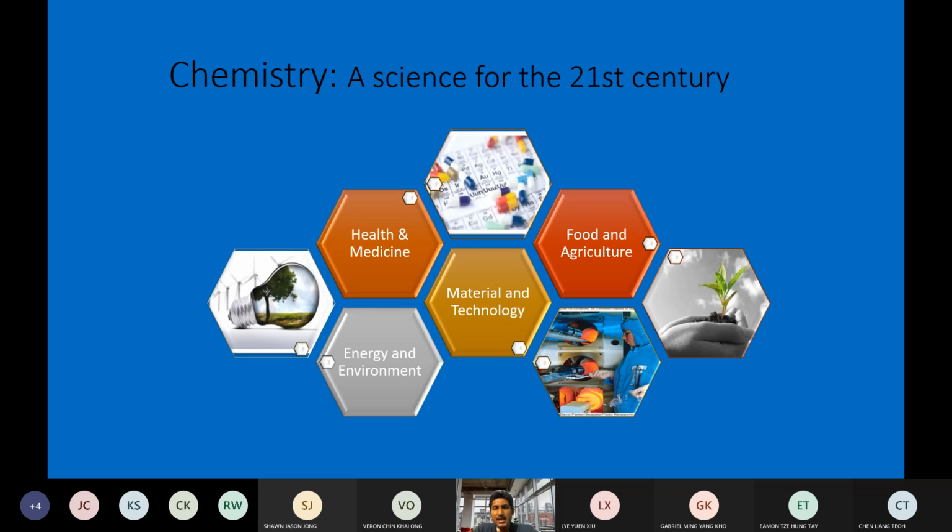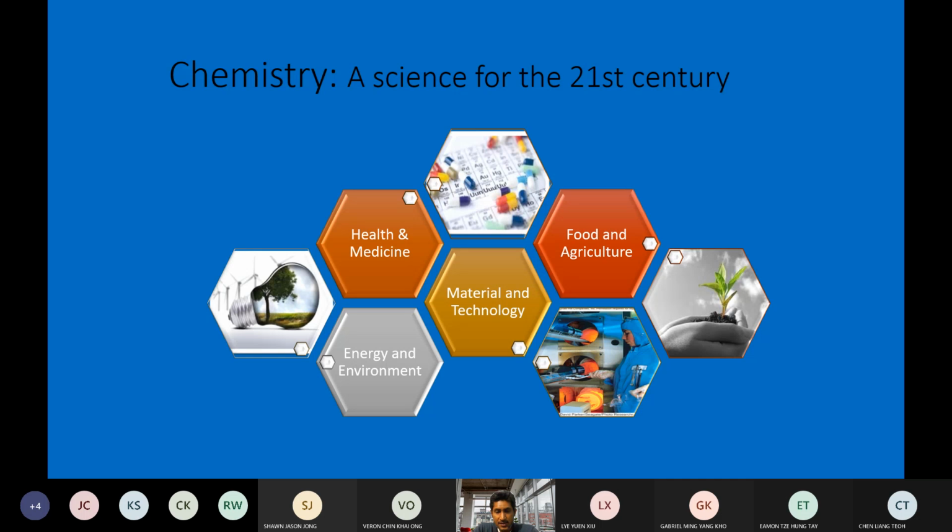You can talk about any aspect of our science and development. You can say food and health. You can say material and technology. You can say energy and environment. You can say anything. Food security: chemistry is involved in a way. It is probably not directly chemistry, but it's a branch of chemistry. Anything that you can talk about.